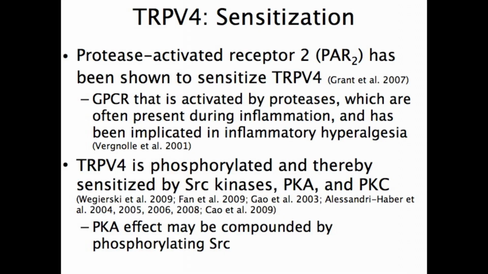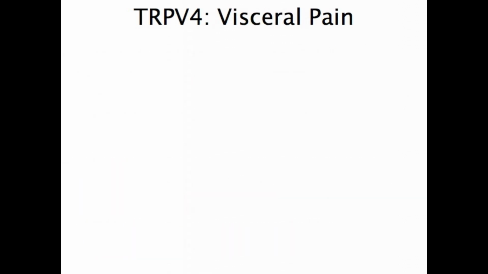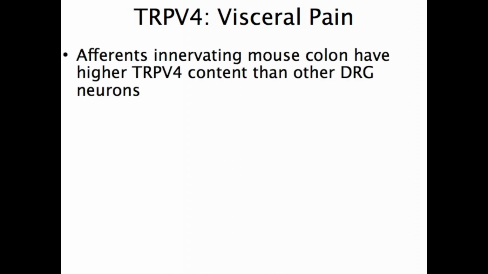Importantly, it can be sensitized by the things that we talked about earlier, phosphorylation, and by proteins that have been shown to be involved with pain and inflammation. Different kinases, those are things that phosphorylate proteins. More recently, it was shown to be involved in visceral pain.